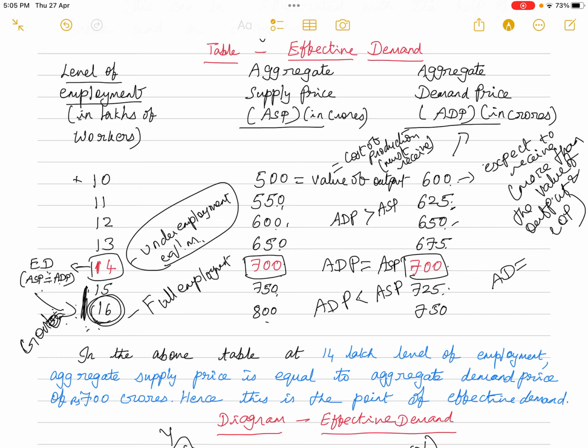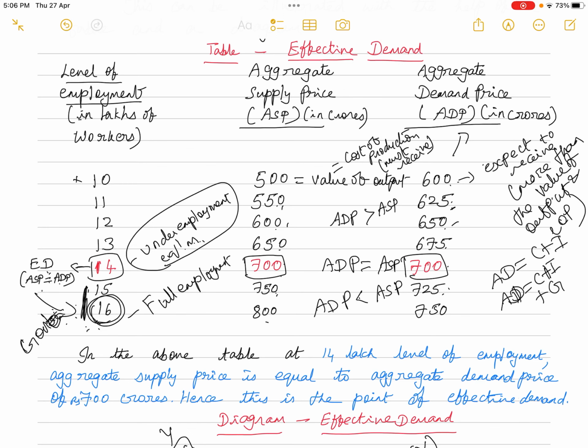So if the government interferes, then it will become C plus I plus G. Then if the aggregate demand in the country increases, then automatically the effective demand in the country will also increase. So that's why Keynes said, if the government interferes, then the economy will reach the level of full employment.